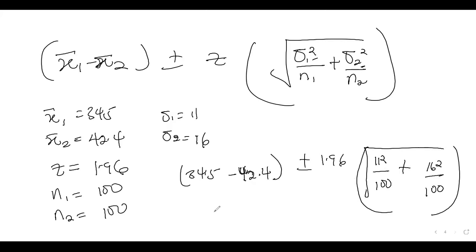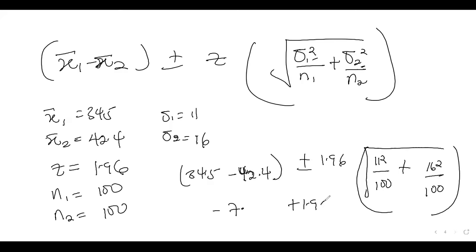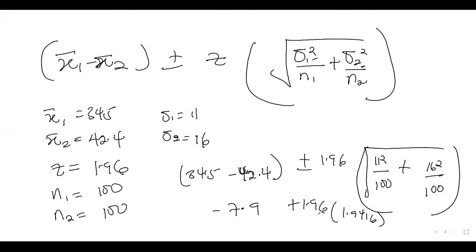Okay, so here will be minus 7.9. So minus 7.9 plus or minus the Z value, 1.96.